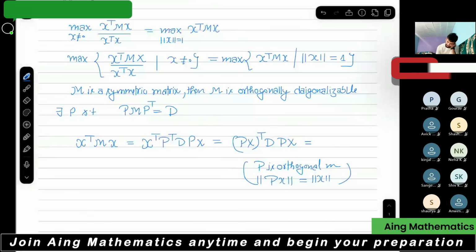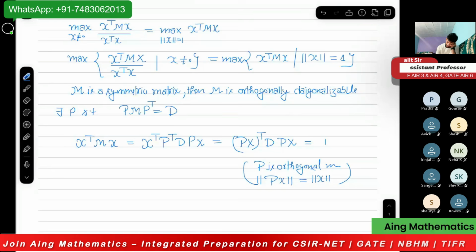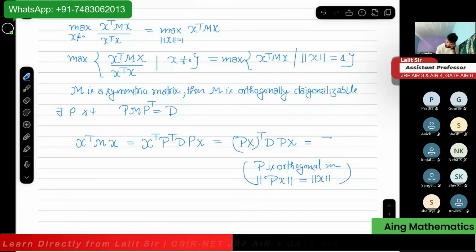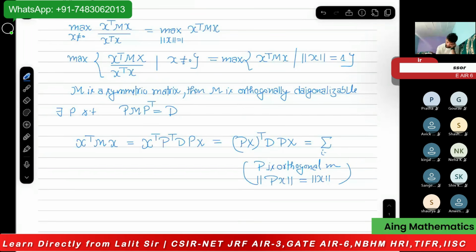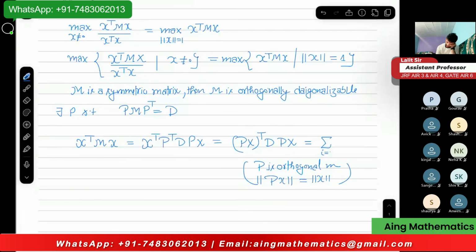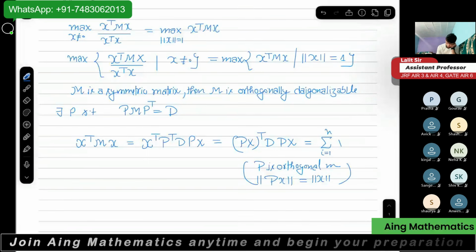So this sum will be, isn't it, sum i goes from 1 to n, lambda i x i square, where lambda i are the eigenvalues of M. Yes or no? Tell me.